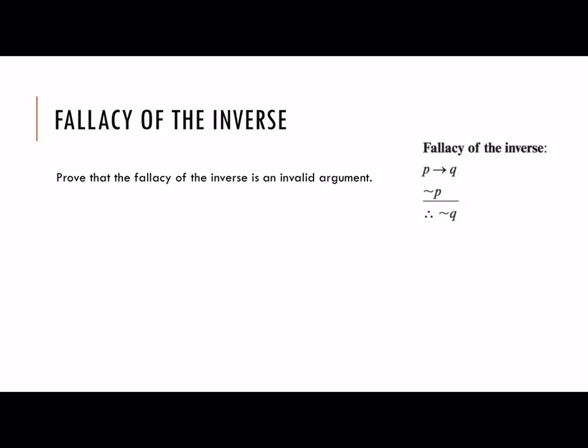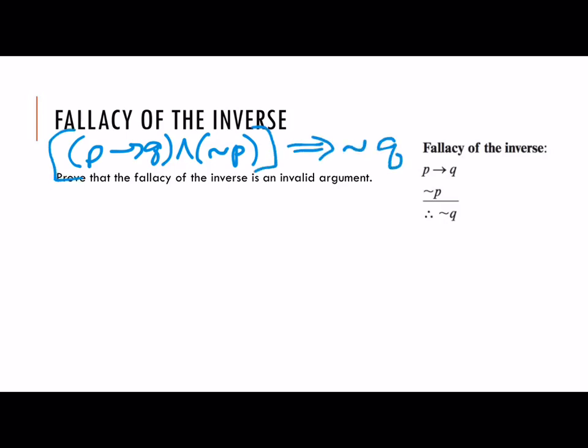So we want to do our truth table for if P then Q and not P, and then we want to see if accepting those premises implies not Q. Okay, so we've got columns for P and for Q. And we could do the hierarchy and do negations first, or we could start with everything that's in parentheses.